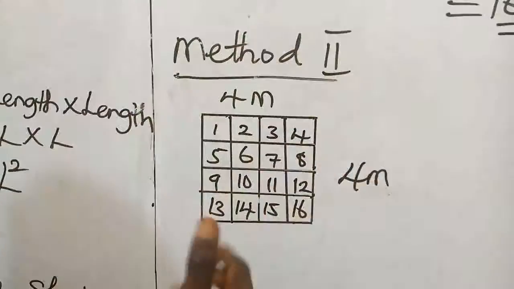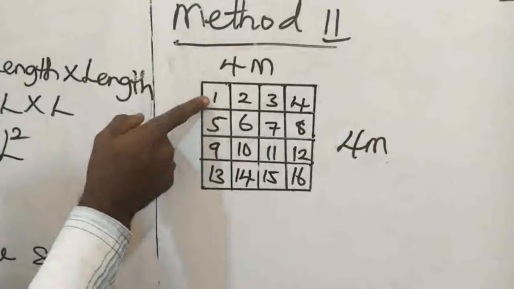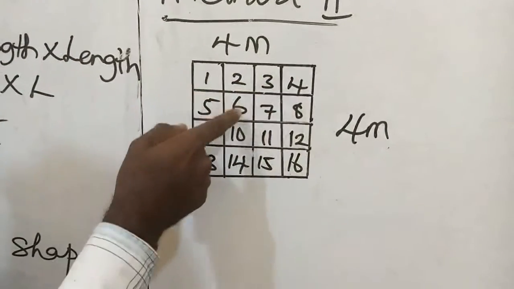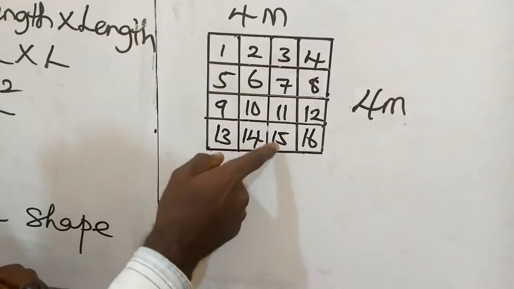Before we go into the answer, we are going to count once again: 1, 2, 3, 4, 5, 6, 7, 8, 9, 10, 11, 12, 13, 14, 15, 16.